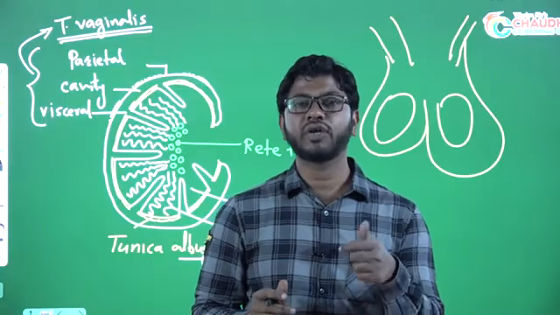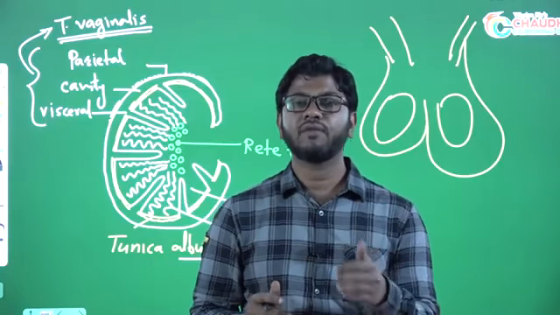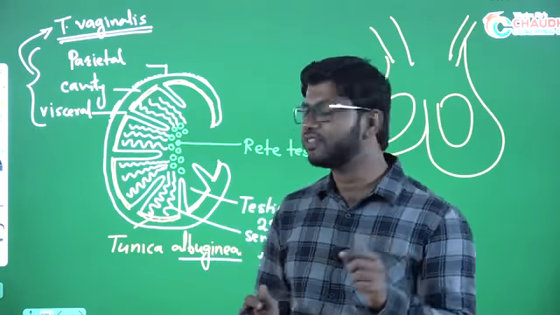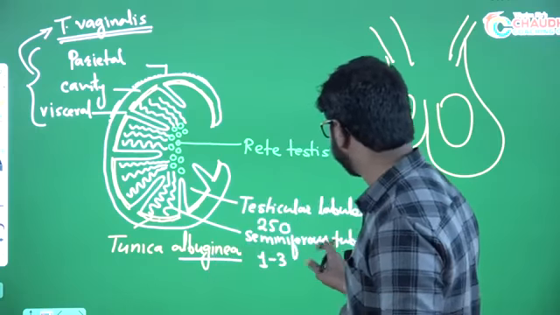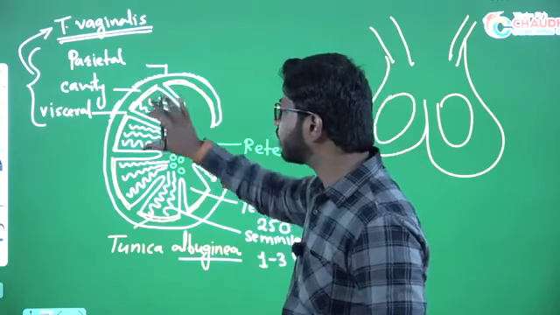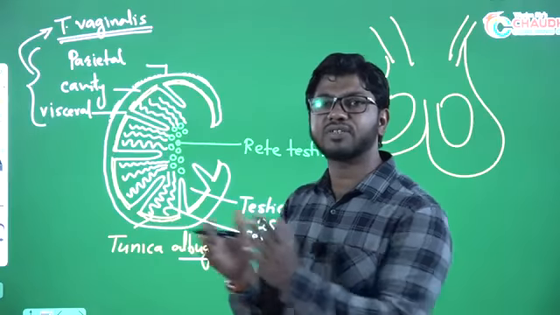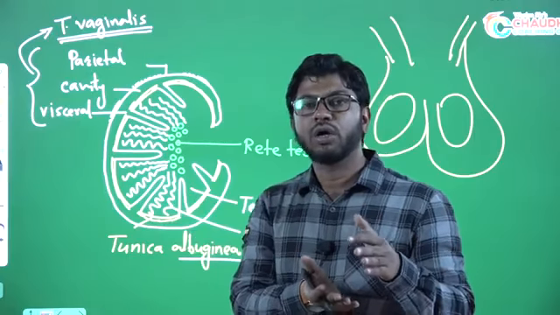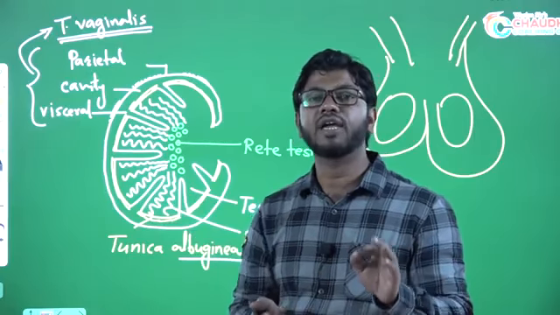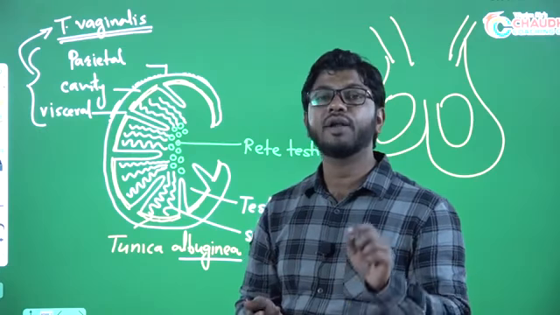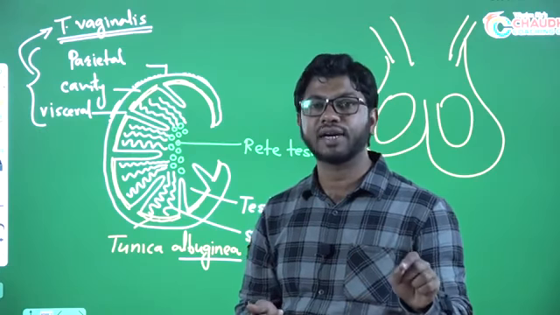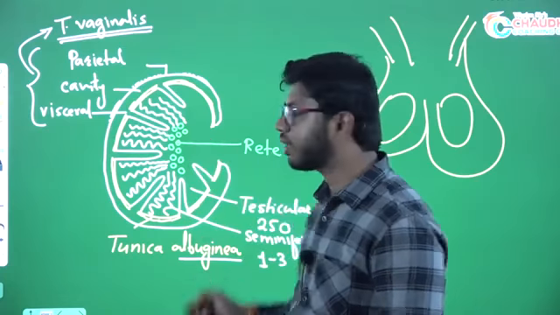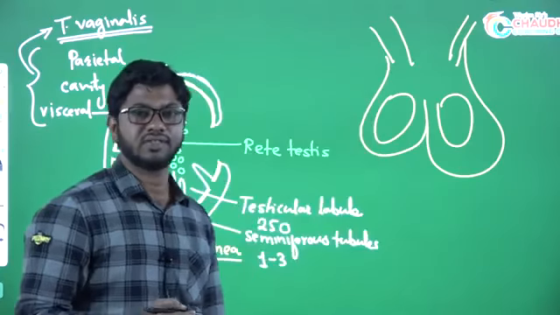So we are starting from the seminiferous tubule. In one testicular lobule, there are 1 to 3 highly coiled tubes. These tubes are known as seminiferous tubules, and all the seminiferous tubules converge into a network of irregular tubules or a network of irregular ducts. This network of irregular ducts is known as rete testis.